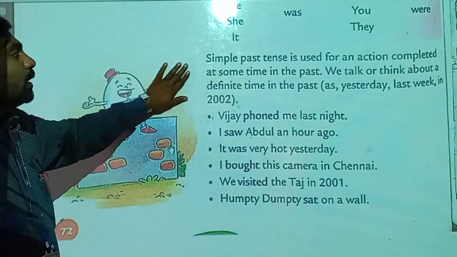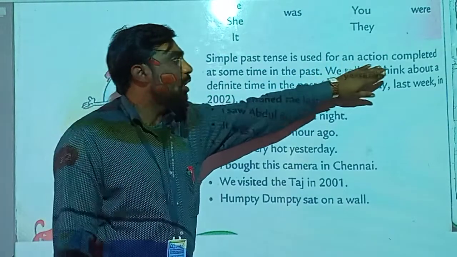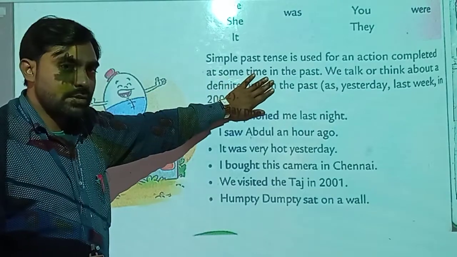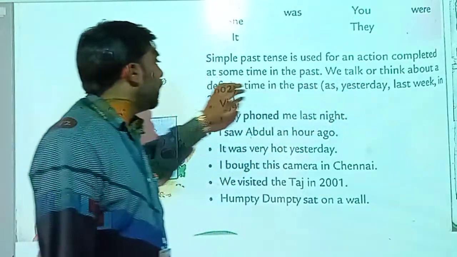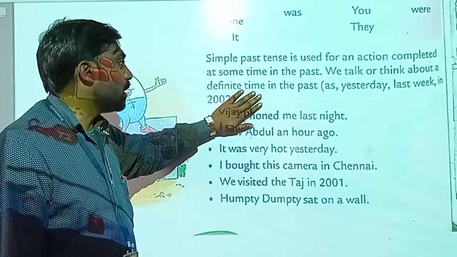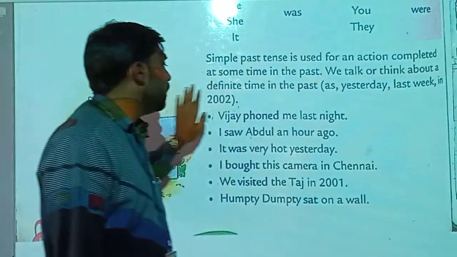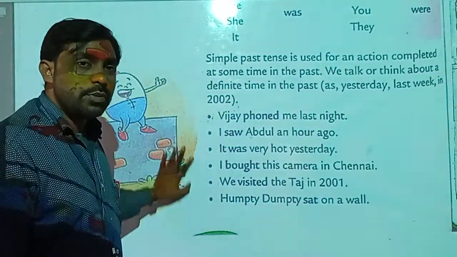Now see, simple past tense is used for an action completed at some time in the past. We talk or think about a definite time in the past, such as yesterday, last week, in 2002. So where should we use simple past tense?